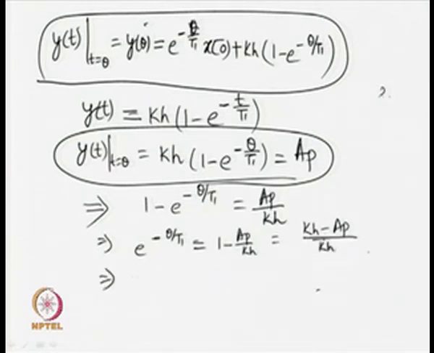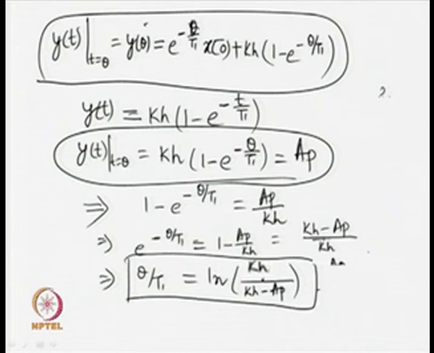So, theta by T1 is equal to the natural logarithm of Kh upon (Kh minus Ap).